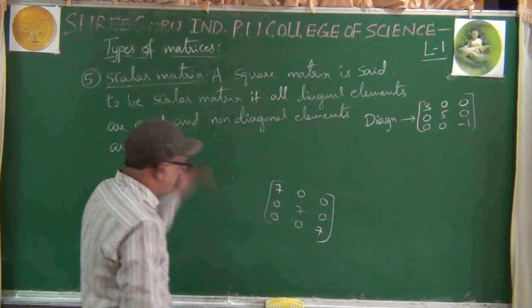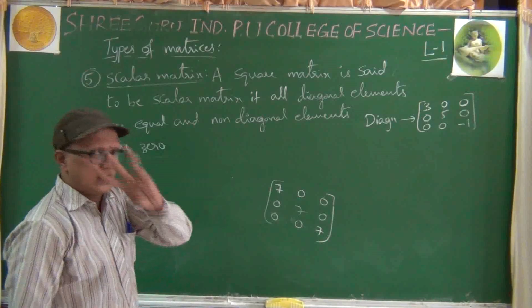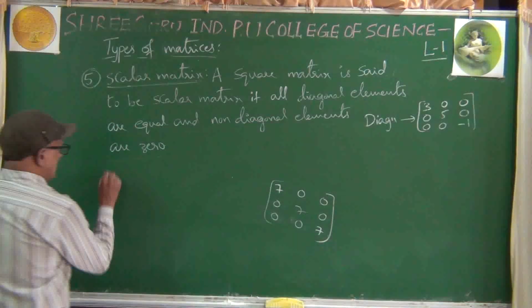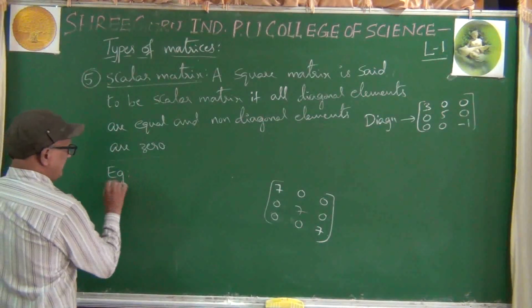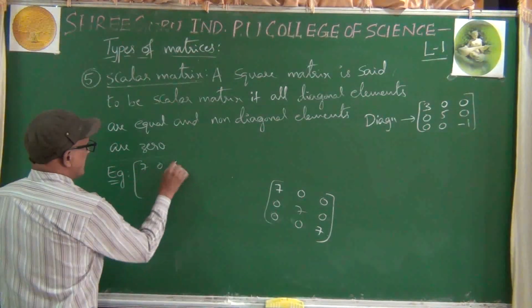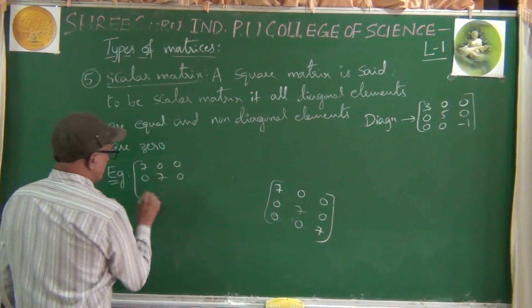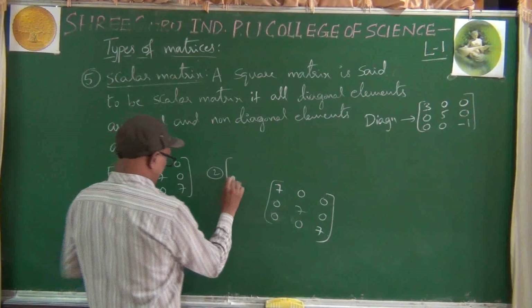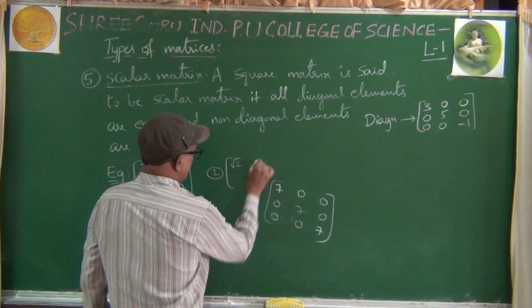Why? Because one more definition is there, same like this. Totally 3 are here. Right? So this is the example for this. Example: 7 0 0, 0 7 0, 0 0 7. Example 2: root 2 0 0.